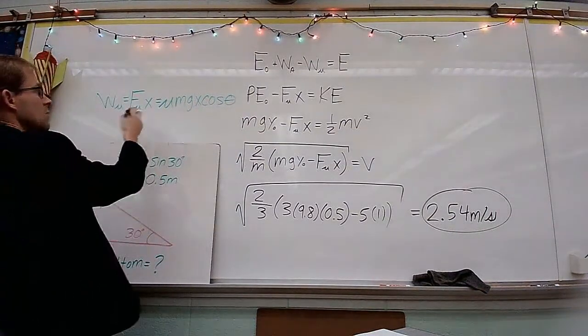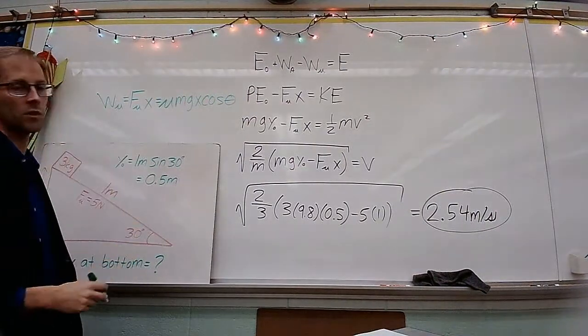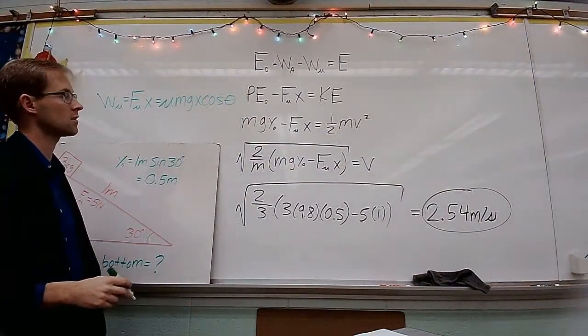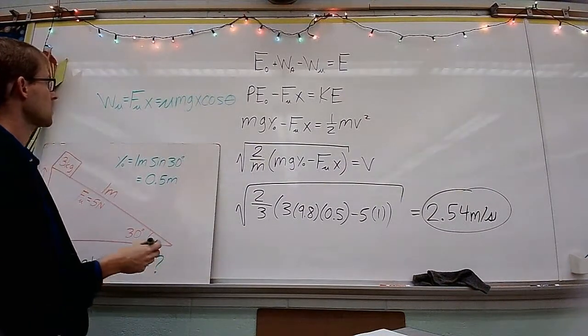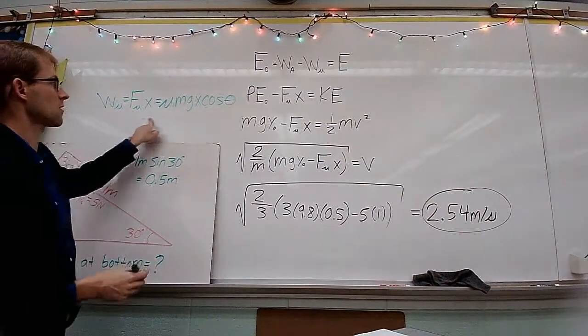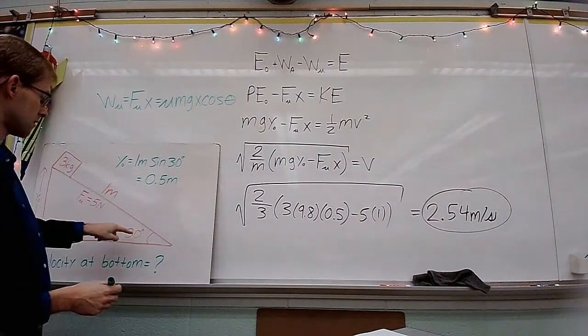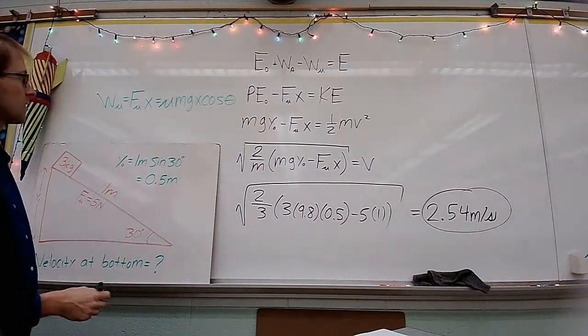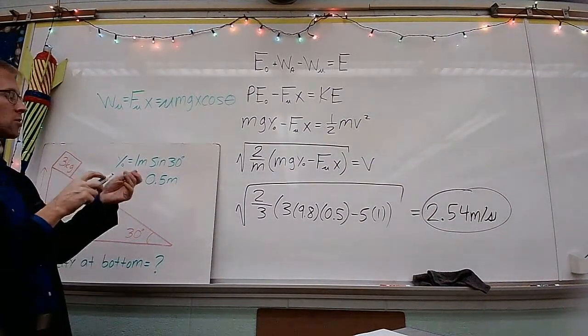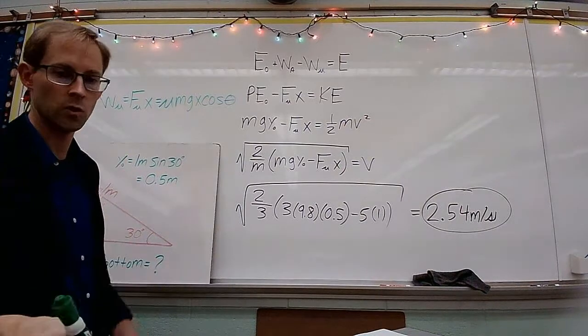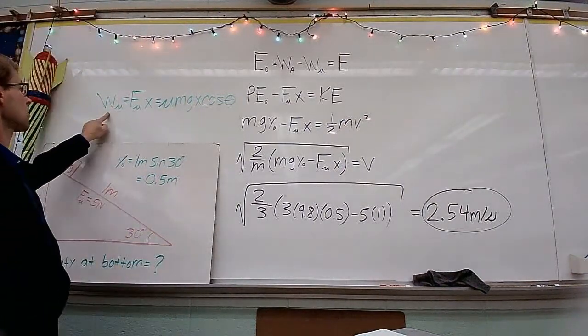So if you want to use this as a shortcut, I'm totally fine with that. If you want to do the force diagrams to figure it all out, you're welcome to. But that's what it's going to be equal to, as long as you're given this angle. So enjoy that. Mu mg x cosine theta will be equal to the energy lost due to friction.